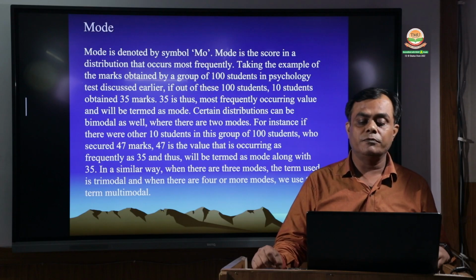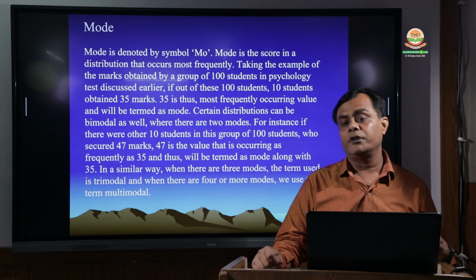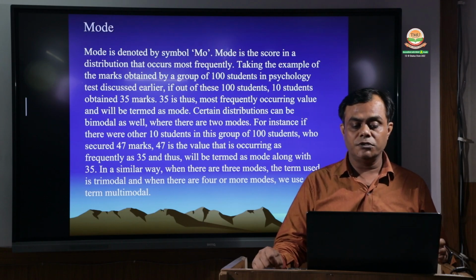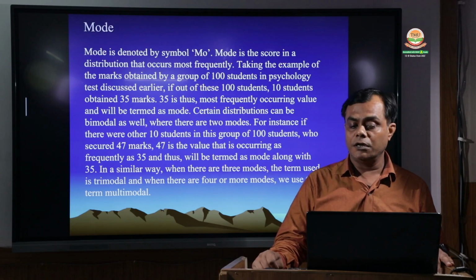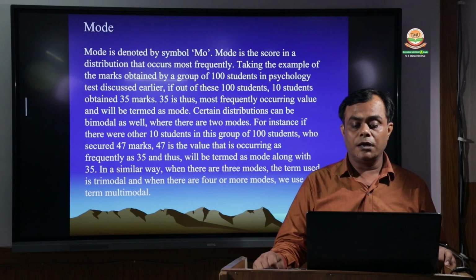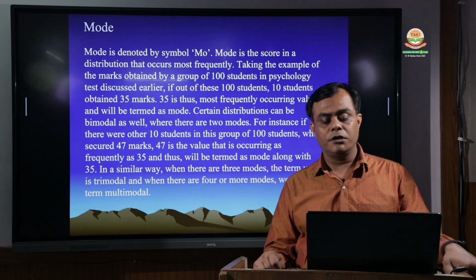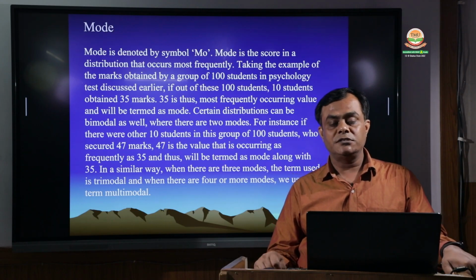Taking the example of the marks obtained by a group of 100 students in the psychology test discussed earlier, 10 students obtained 35 marks, and 35 is the most frequently occurring value and will be termed the mode value.